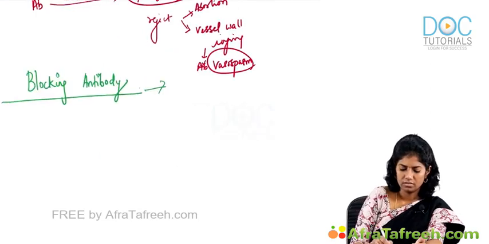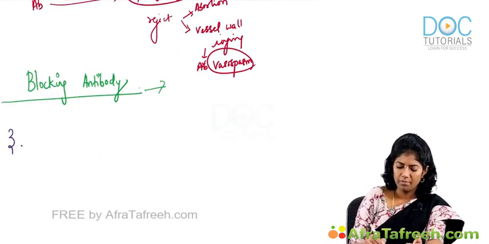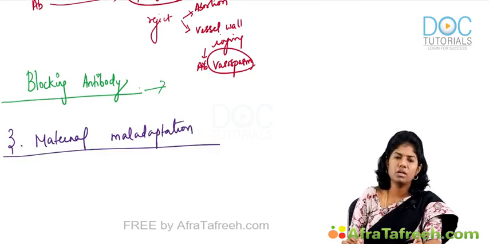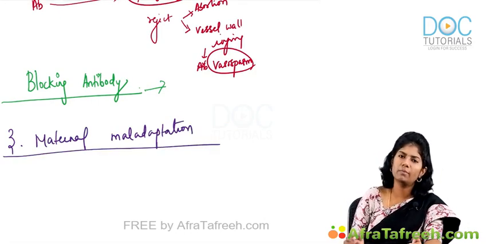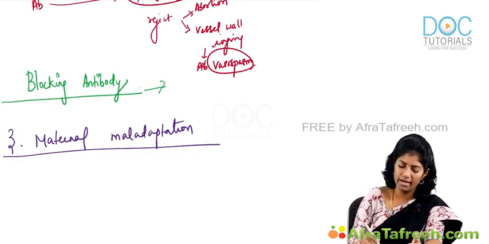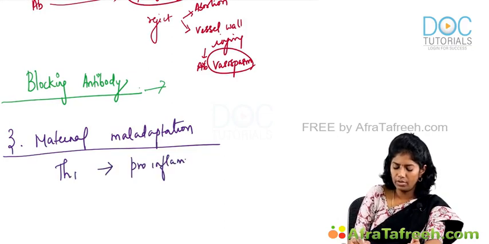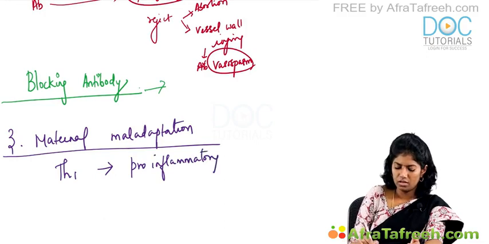Next is maternal maladaptation. As I already explained to you about T helper 1 and T helper 2 in physiological changes of pregnancy, T helper 1 produces pro-inflammatory cytokines, T helper 2 produces anti-inflammatory cytokines.